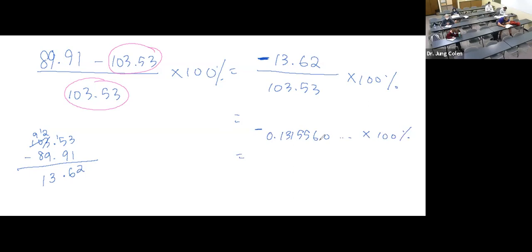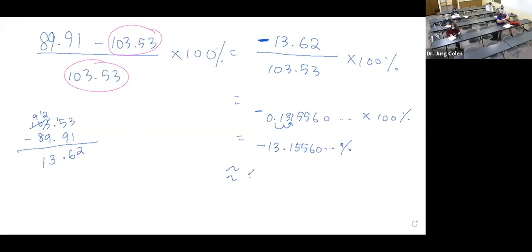So to change that to 100%, we can just move the decimal point to the right by 2 places. So we have negative 13.15560, right? Or you can approximate that as what? Negative 13.16%.